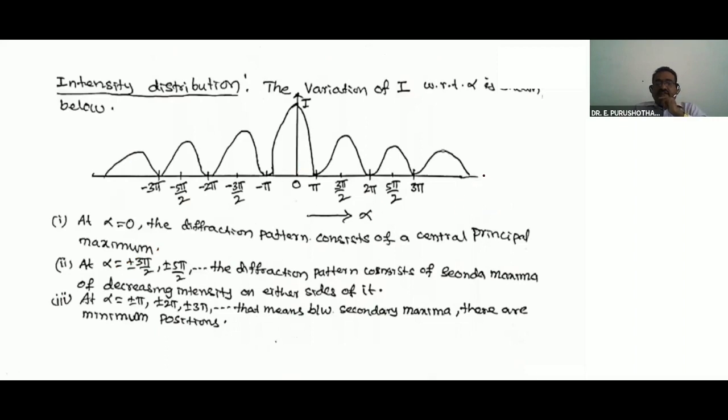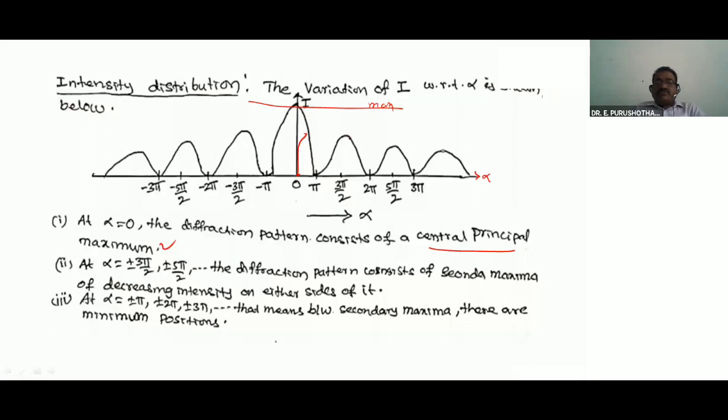The graph shows the variation between alpha and intensity. From this graph, first point, at alpha is equal to 0, this is the maximum intensity value. The diffraction pattern consists of a central principal maximum, the maximum intensity value.